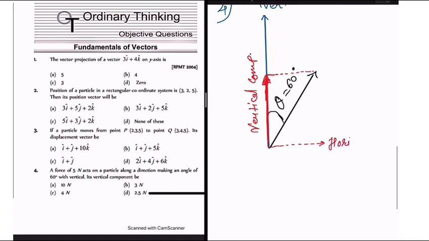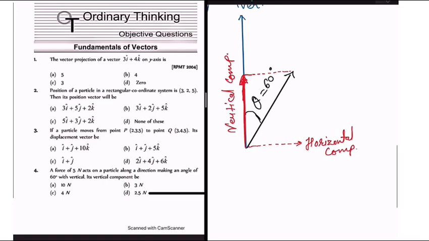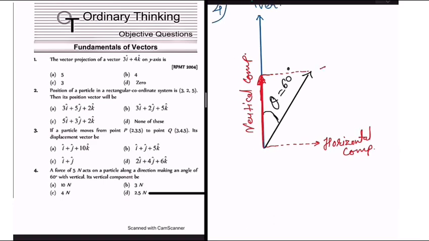This dotted line is for the horizontal component, but we don't need the horizontal component. So the vertical component will be 5 cos theta as it is adjacent to theta. Cos theta is what? Adjacent upon hypotenuse. This is adjacent. This is hypotenuse. This is the opposite side.